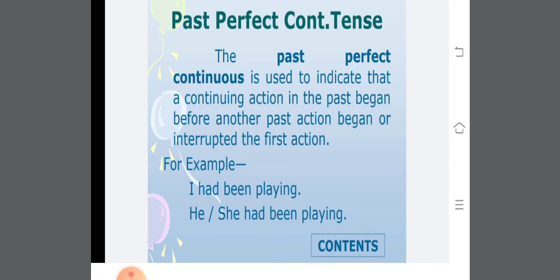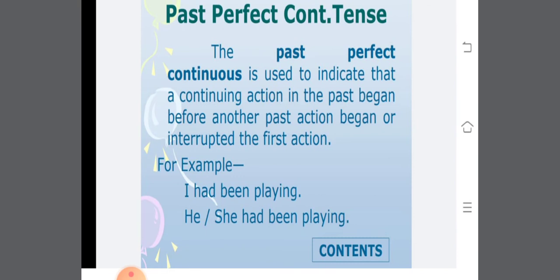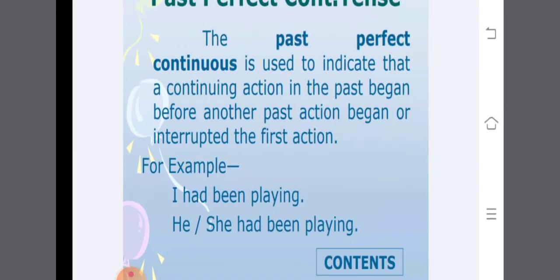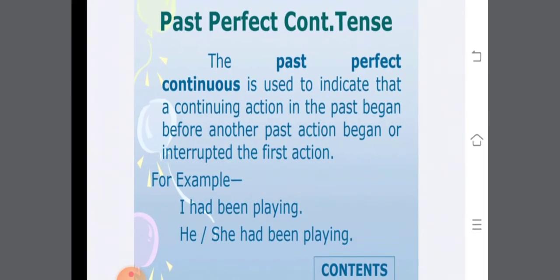Then past perfect continuous tense. The past perfect continuous is used to indicate that a continuing action in the past began before another past action began or interrupted the first action. I repeat, the past perfect continuous is used to indicate that a continuing action in the past began before another past action began or interrupted the first action.